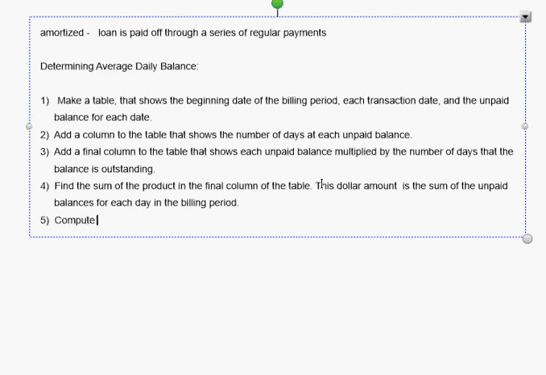Compute the average daily balance using the formula.